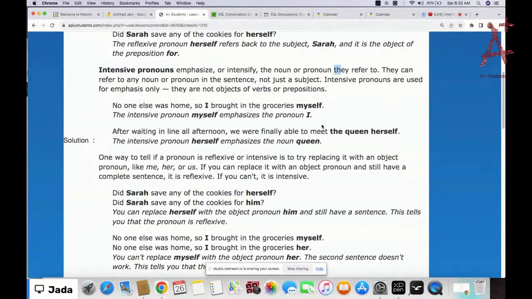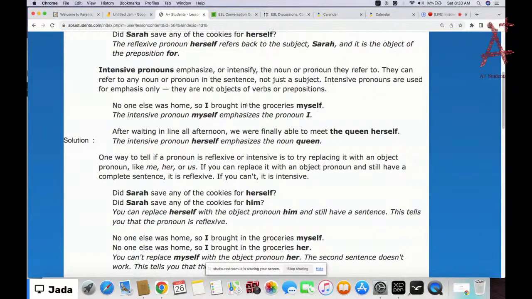They can refer to any noun or pronoun in the sentence, not just the subject.